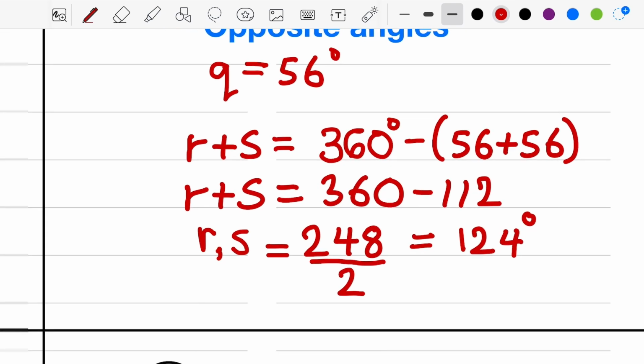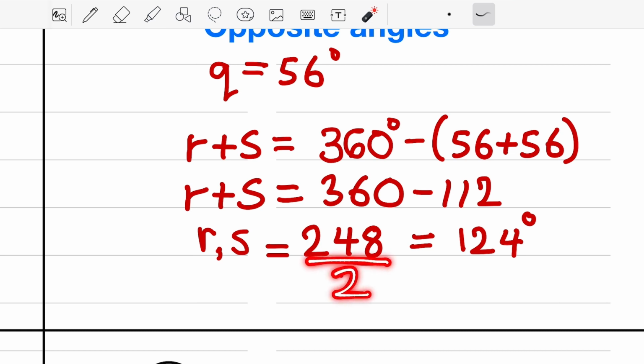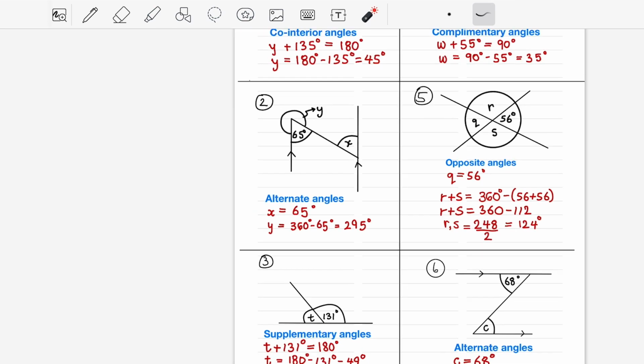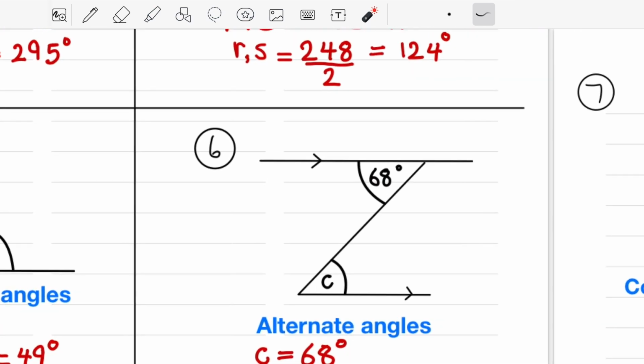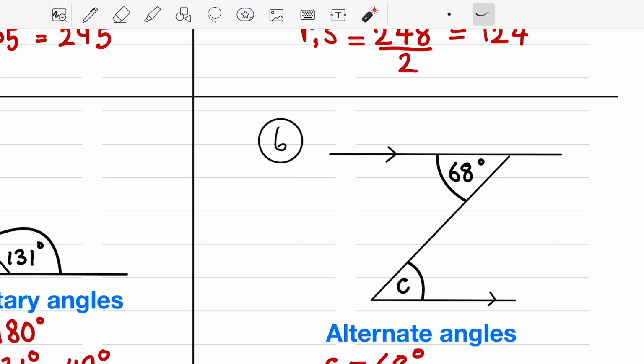All right, that will give you 248. And since R is equal to S, we can simply divide by 2 to get R or S. 248 divided by 2 is 124. So lastly, we have alternate angles again, or Z angles. So C will be equal to 68.